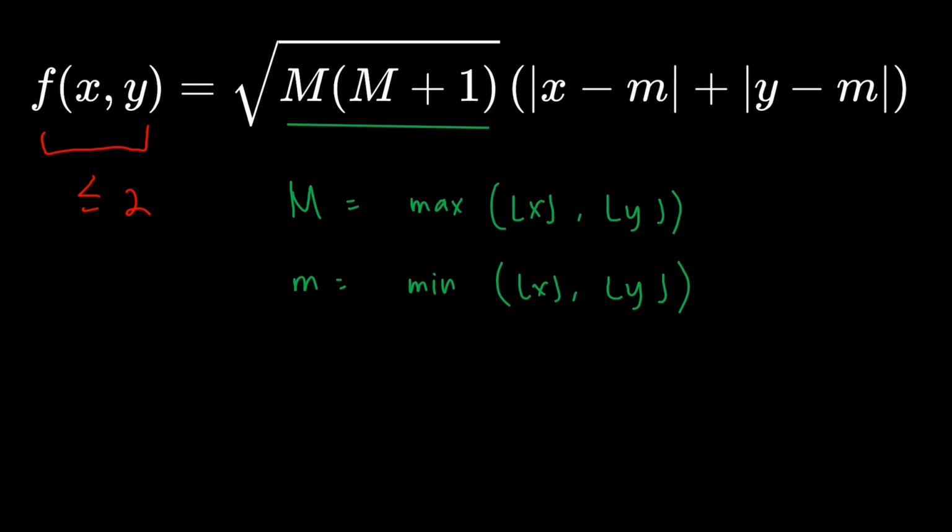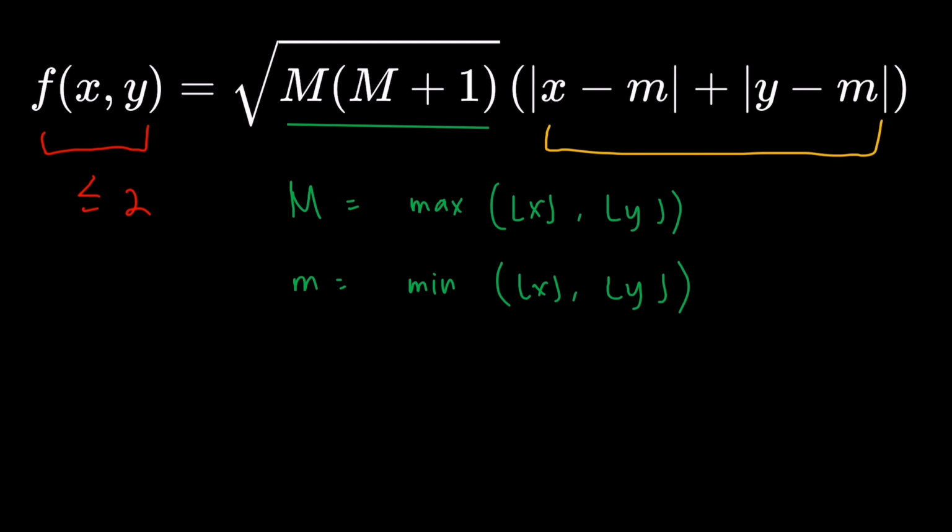Next, let's talk about the second expression. How will this expression become big? Now, we can't just say that x and y become big, because if x and y become big, small m, even though it's the minimum of these two, is going to be bigger as well. So this thing doesn't really depend on the values of x and y in itself, but we can make the analysis that, let's just say x is equal to y, for example.